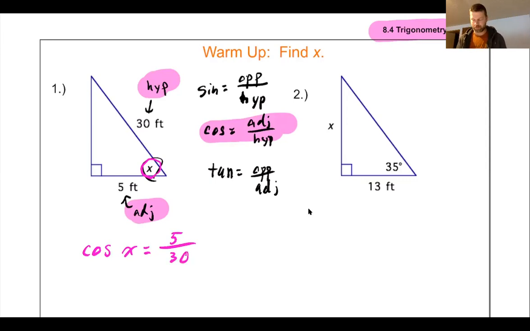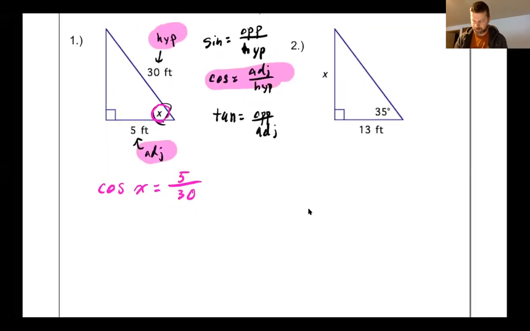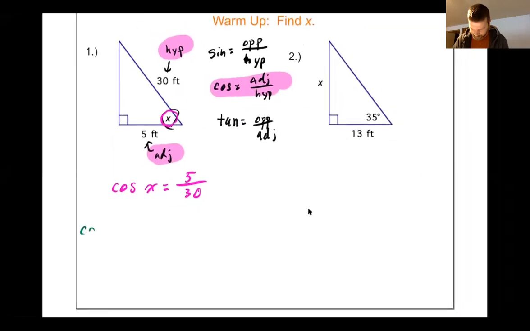To get x by itself, we just need to get rid of the cosine. The opposite of taking the cosine of something is taking the cosine inverse. So if I take the cosine inverse of both sides, the cosine inverse of the cosine of x would be the same thing as the cosine inverse of 5 over 30.